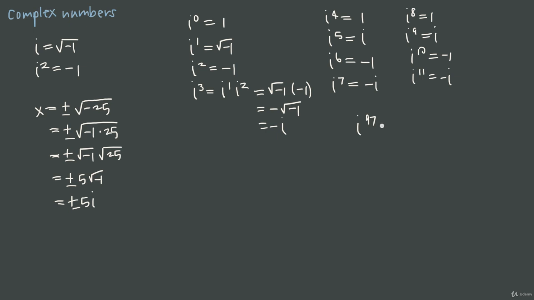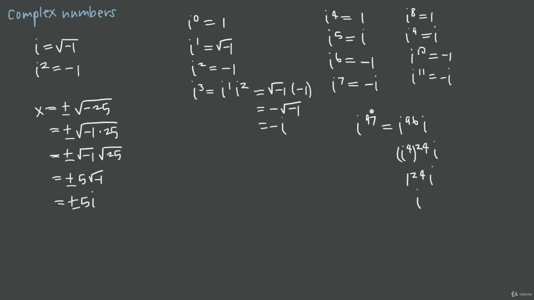So if we rewrite this as i to the 96th times i to the 1st, and then i to the 96th is the same as i to the 4th raised to the 24th power, because 4 times 24 is 96, and then we have i here. i to the 4th we know is 1, so we get 1 to the 24th times i, and 1 raised to any power is still just 1, so we get 1 times i, or just i.